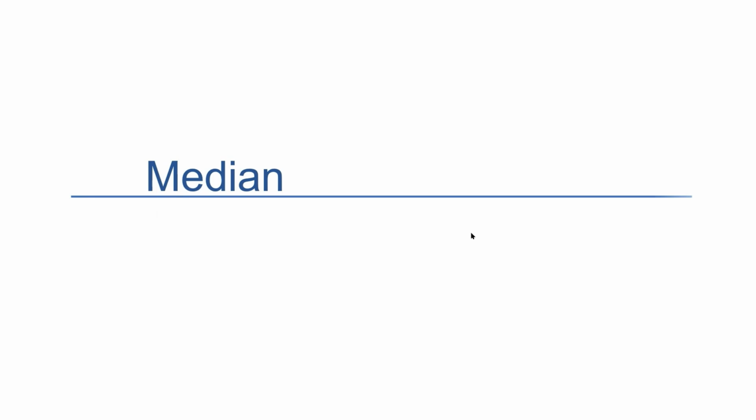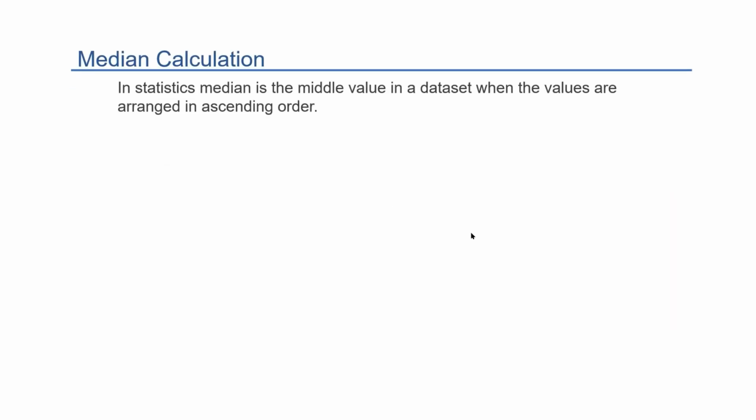Then we have median. Let's see what a median is. In statistics, median is the middle value in a data set when the values are arranged in ascending order, or we can also arrange them in descending order, but it is always the central value of the arranged data set.